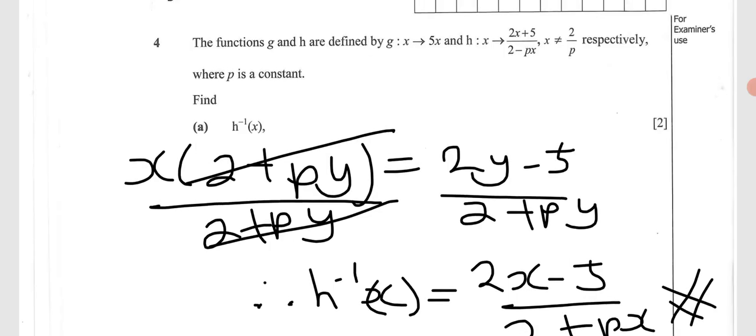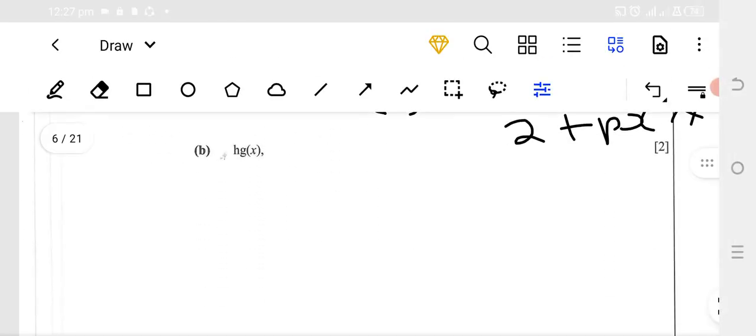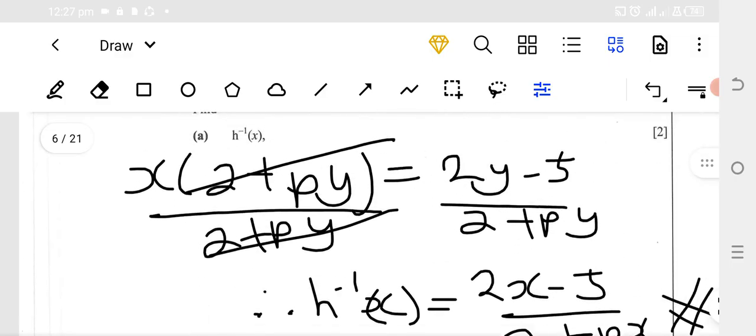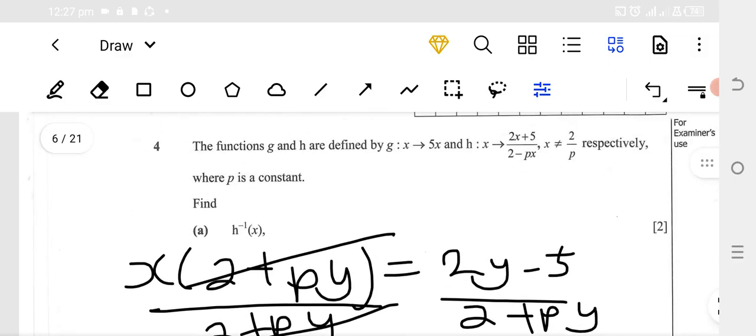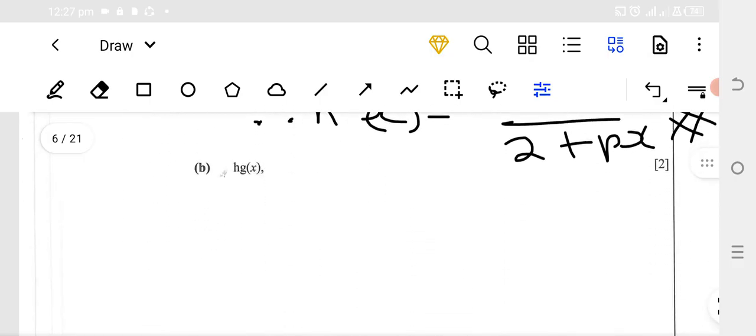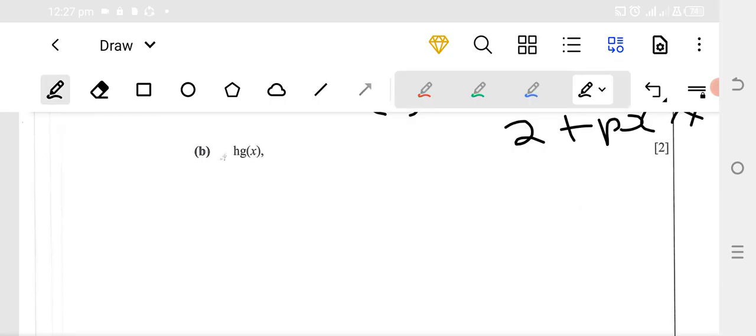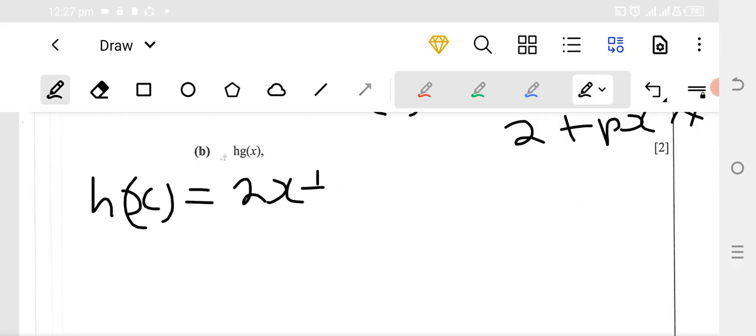So let us first of all write our h of x. Our h of x is 2x plus 5 divided by 2 minus px.